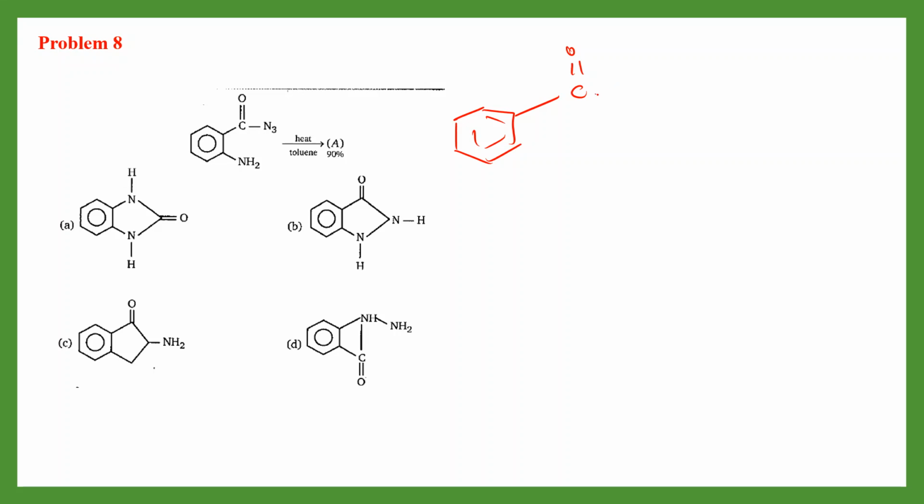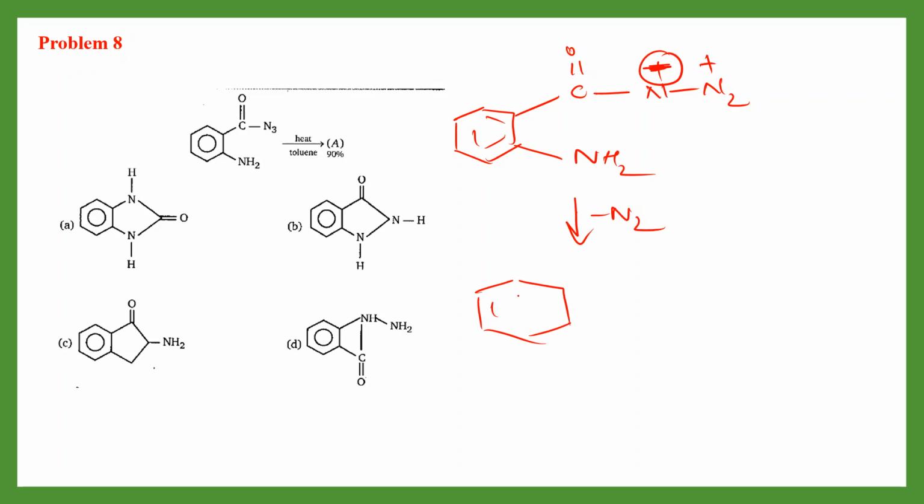Because N3 we can write in this form, N2 like this, negative, positive, here zero charge. We can write it in this form, correct? So after exclusion of N2, wherever possible, this type of exclusion is an entropically driven reaction. Nitrene will form, correct? And here you are having NH2.